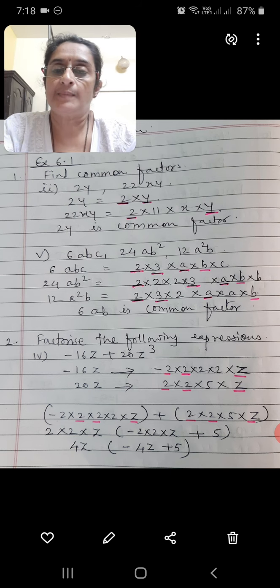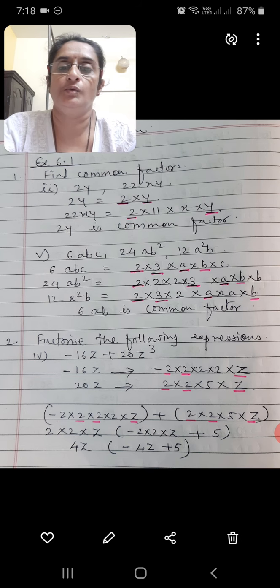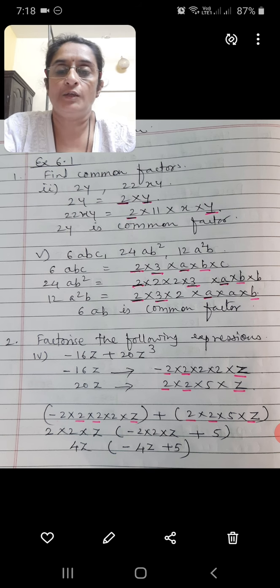First we'll split the given terms. 2y means 2 into y. Now what are the factors of 22xy? That means 22 into x into y. 22 can again be split into two parts, 2 into 11. So the factors of 22xy are 2 into 11 into x into y.